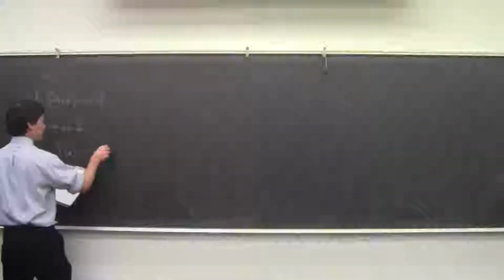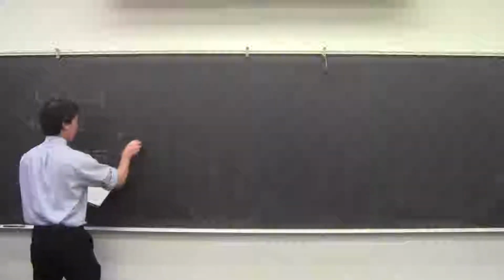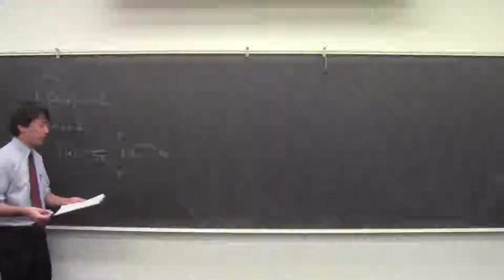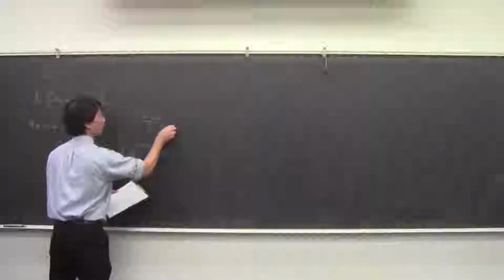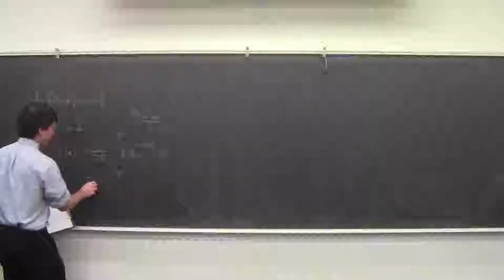For each n in the integers, we define f hat of n as 1 over 2 pi times the integral from negative pi to pi of f of x e to the negative i n x dx. Last time I wrote this as e to the negative 2 pi i n x over L, but now L is 2 pi, so the expression is a little bit simpler. These are called the Fourier coefficients.